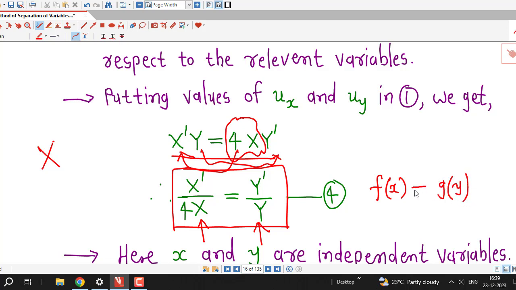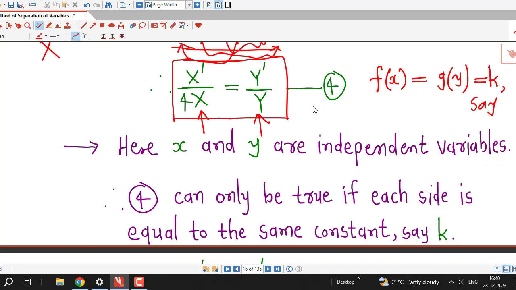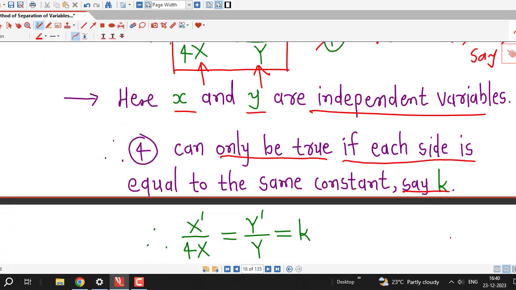So this is possible if and only if both are equal to some constant, say k. Here x and y are independent variables, therefore equation 4 can only be true if each side is equal to the same constant, say k.